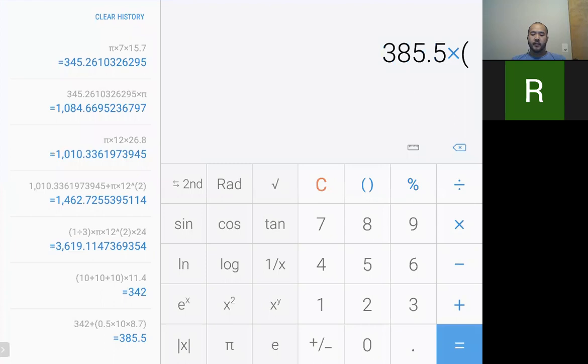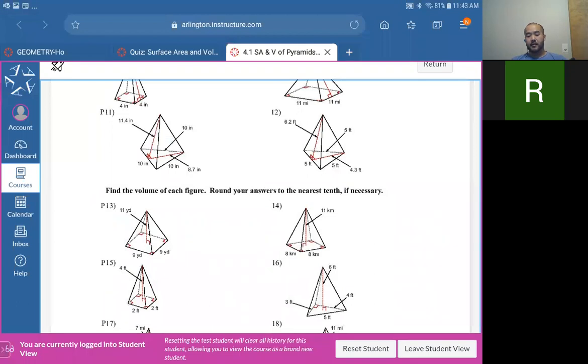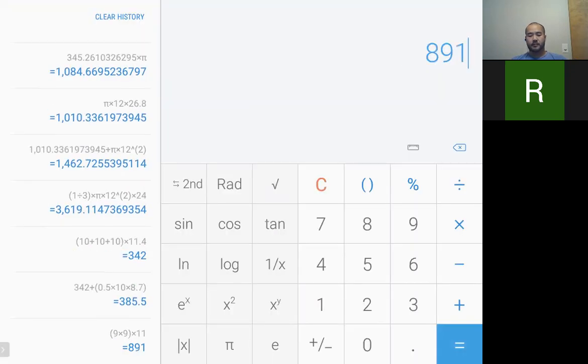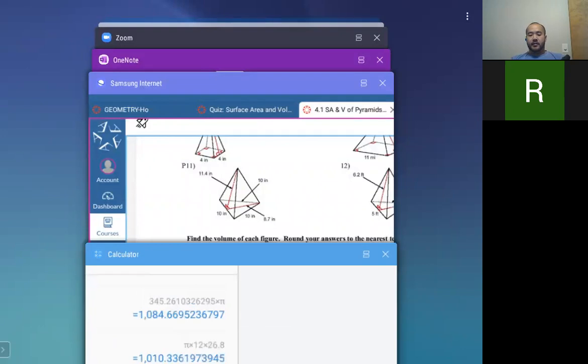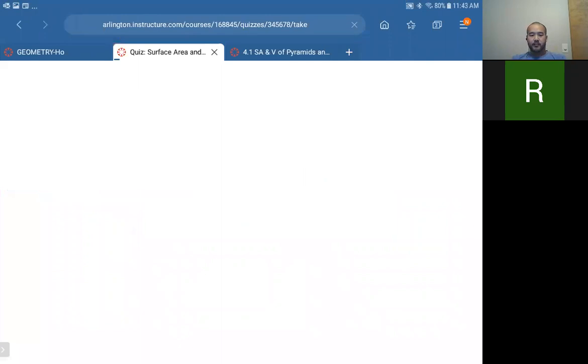The square is 9 by 9. The height is 11. Ta-da, that's the volume. Okay, so that's what you're doing this week. That's the assignment. The quiz, you really just use the same formulas, you plug them in the same way.